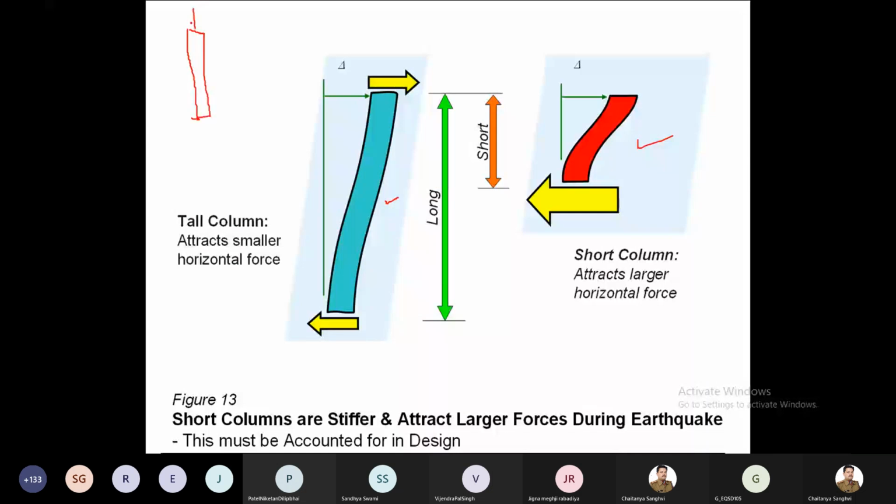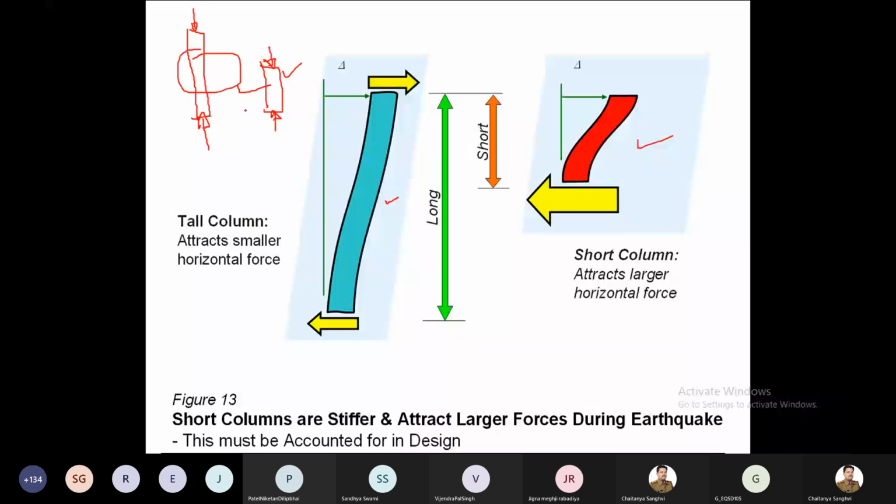When the axial load comes on a column, and on a short column, then definitely for the axial load the short column is good, because in the slender column buckling will take place. The short column is good for the gravity loads, for the axial load.